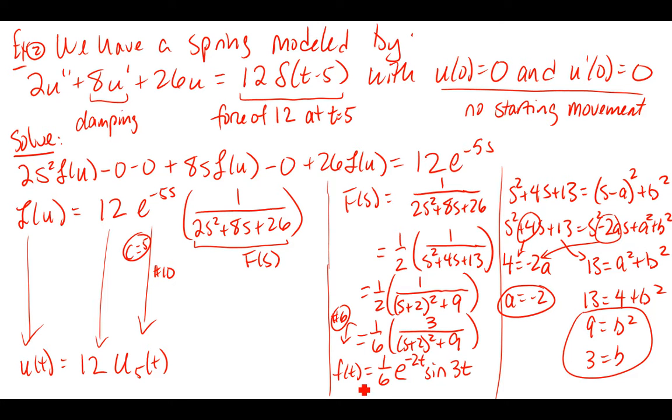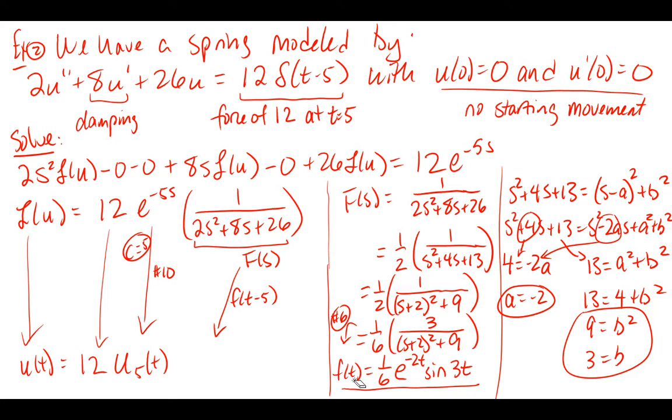Which is good, because now I'm going to take this to complete my original problem, which of course is what I wanted to do here. Rule 10, which I had put on pause for a minute to go do these side problems, said if this is big F of s, then you need to write down little f of t minus c, which is what I'm about to write down.